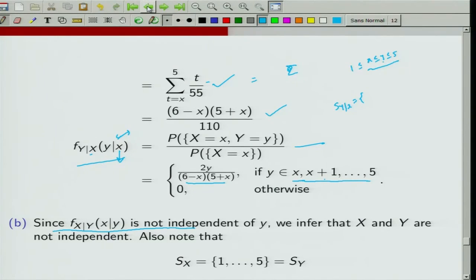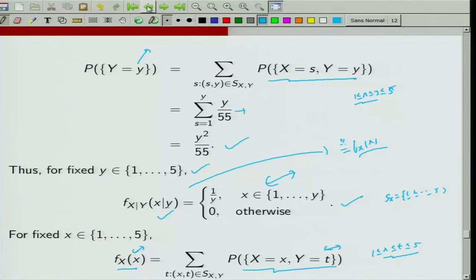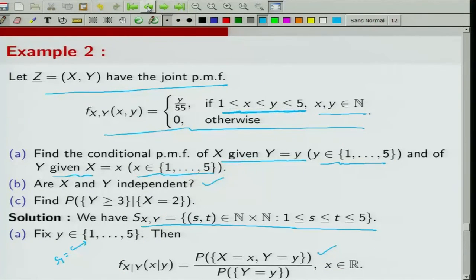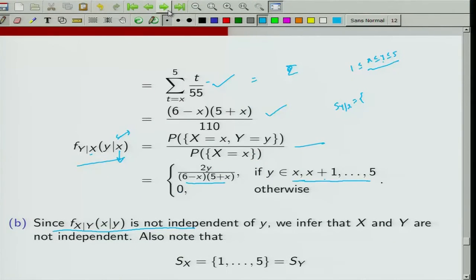One could also have directly observed the non-independence of x and y from this, because your joint support cannot be separated out. S x is 1 to 5, S y is 1 to 5, which is not the same as S x y. Also note that S x is 1 to 5, which is the same as S y, and what was your S x y?